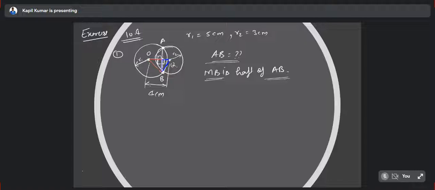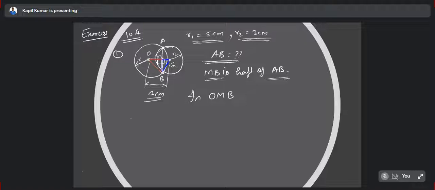So what we can do? We need to find AB. This is the final value we need to find. And we are given the distance between the centers and the radius of both circles. So in triangle OMB, OMB is a right angle triangle.